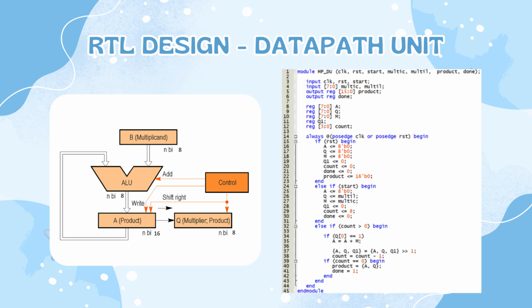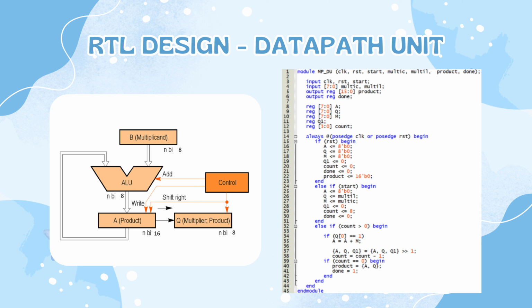The multiplication process follows these steps. On reset, all registers are set to 0. When start is triggered, the multiplier and multiplicand are loaded into Q and M. If the least significant bit of Q is 1, we add M to A. Perform an arithmetic right shift on A, Q, and Q1.